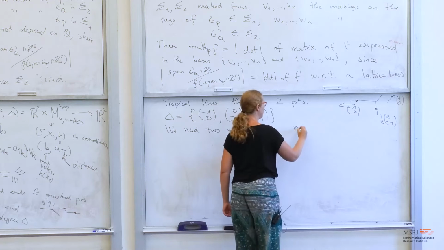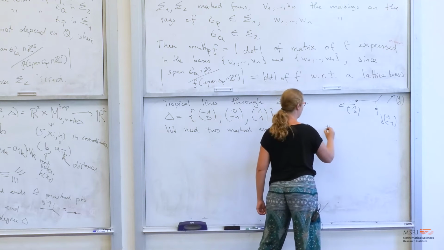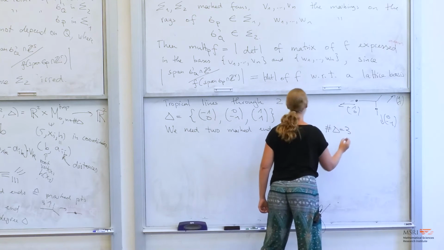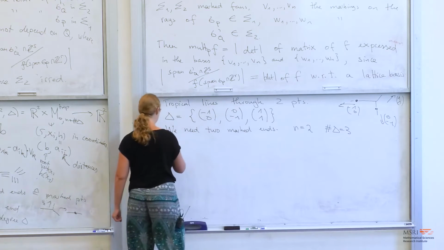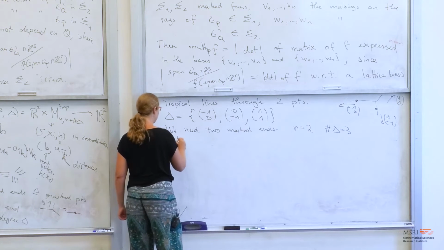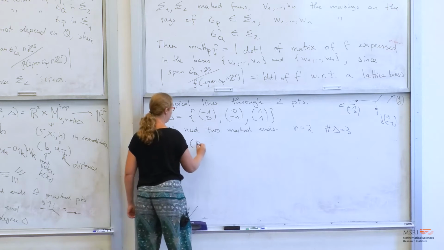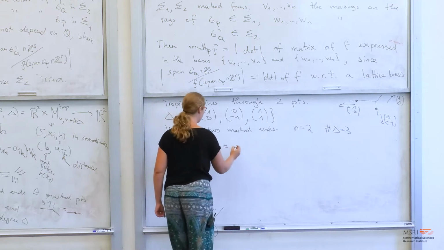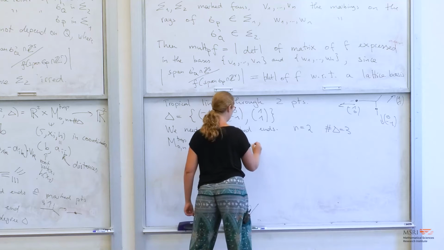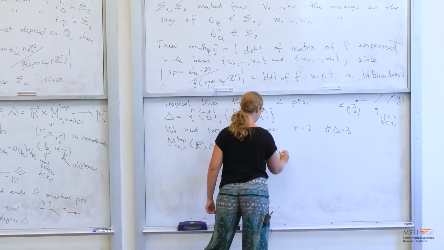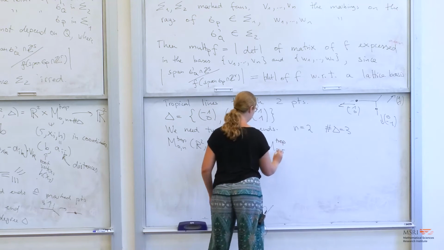So we're going to say little n is 2. Number of elements in delta is 3. So our tropical moduli space, M_{0,n}^trop(R^2, Delta), what is it? It's R^2 times M_{0,5}^trop.